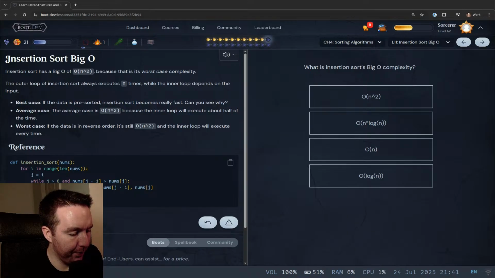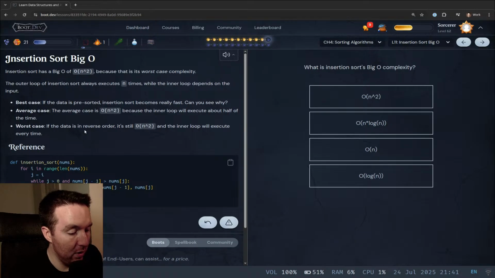Best case, if the data is presorted, insertion sort becomes really fast. Can you see why? Average case is O(n^2), because the inner loop will execute about half of the time. Worst case, if the data is in reverse order, it's still O(n^2), and the inner loop will execute every time.